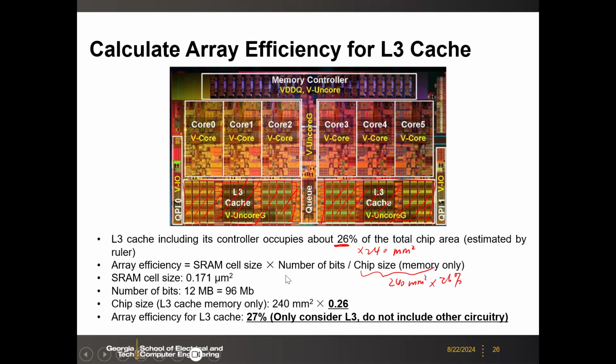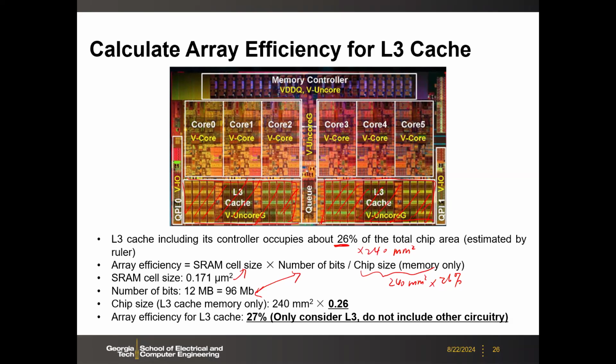How many cells are there in the L3 cache? 12 megabytes, and 1 byte equals 8 bits, so in total you have 96 megabits. Each cell is 0.171 micrometer square. You plug in the numbers and you will get a rough number of about 27%. This is pretty low in this case. This is a rough method to estimate the array efficiency from the given information in the data sheet.